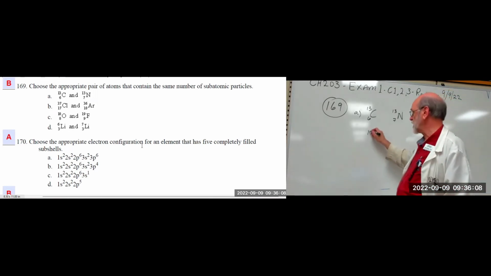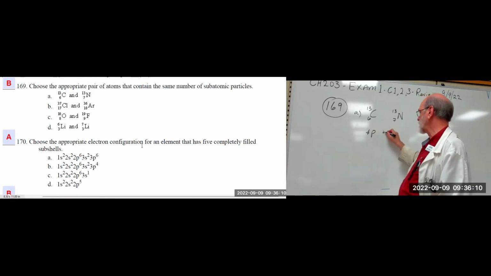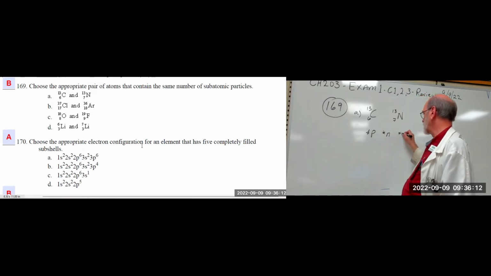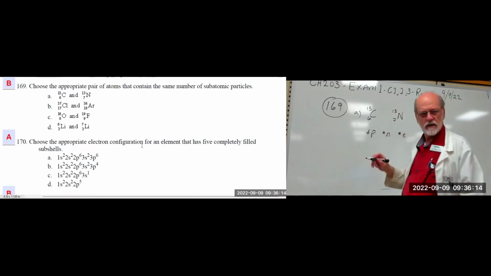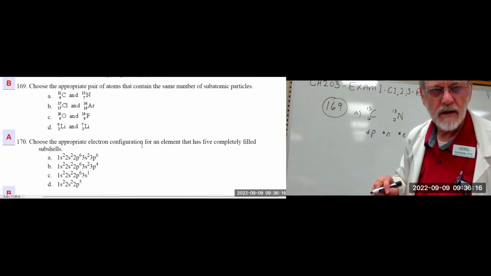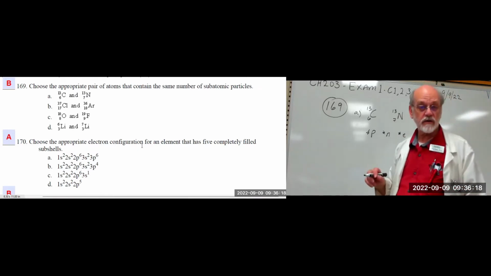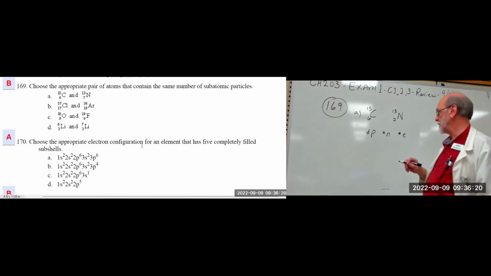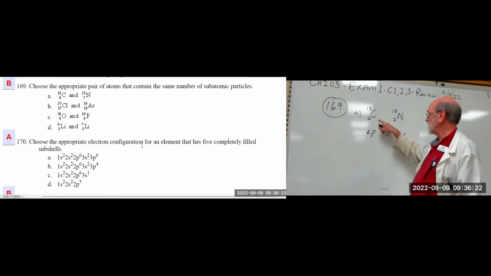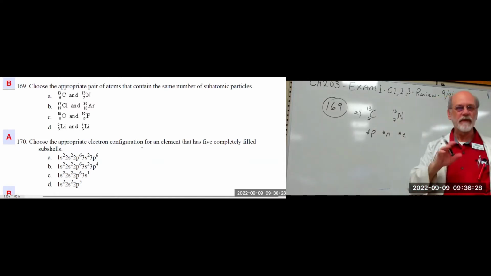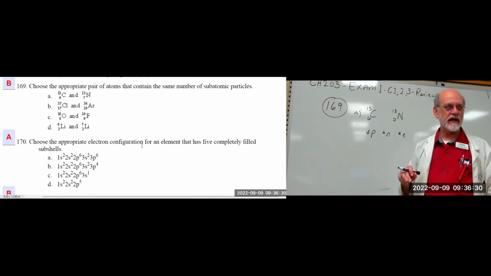Subatomic particles would be the number of protons, number of neutrons, and the number of electrons. Yeah, it doesn't say where they are, so it's in the whole atom. Right, so we've got protons and neutrons here and here. Oh, no. A is not the right answer.